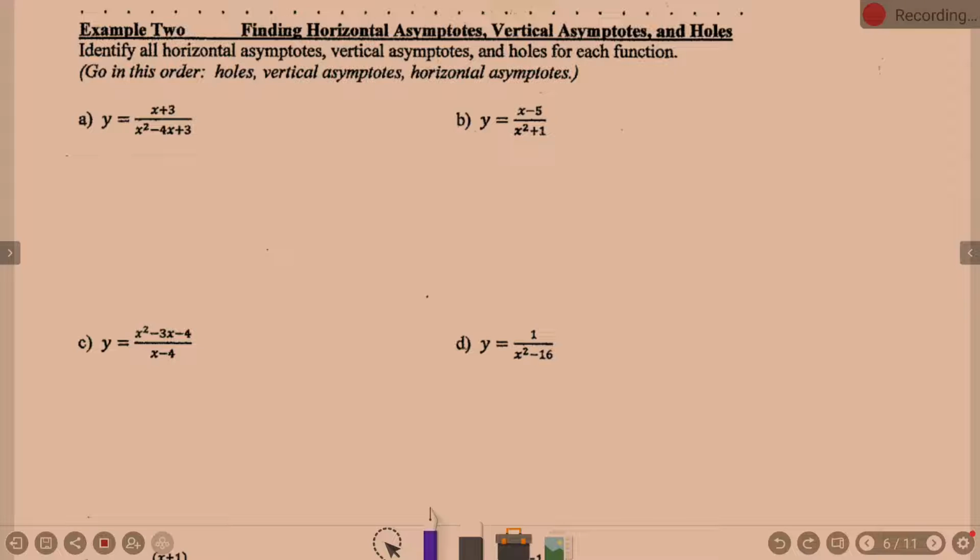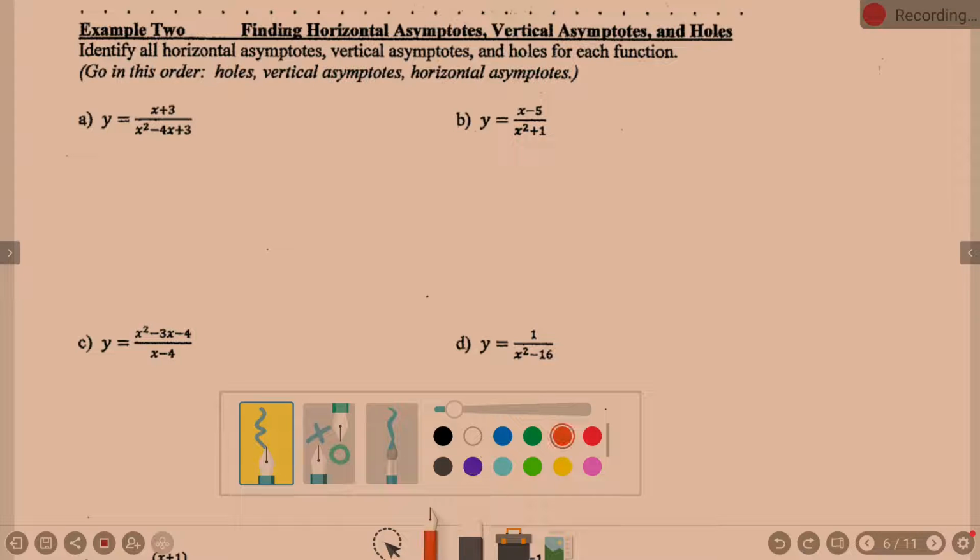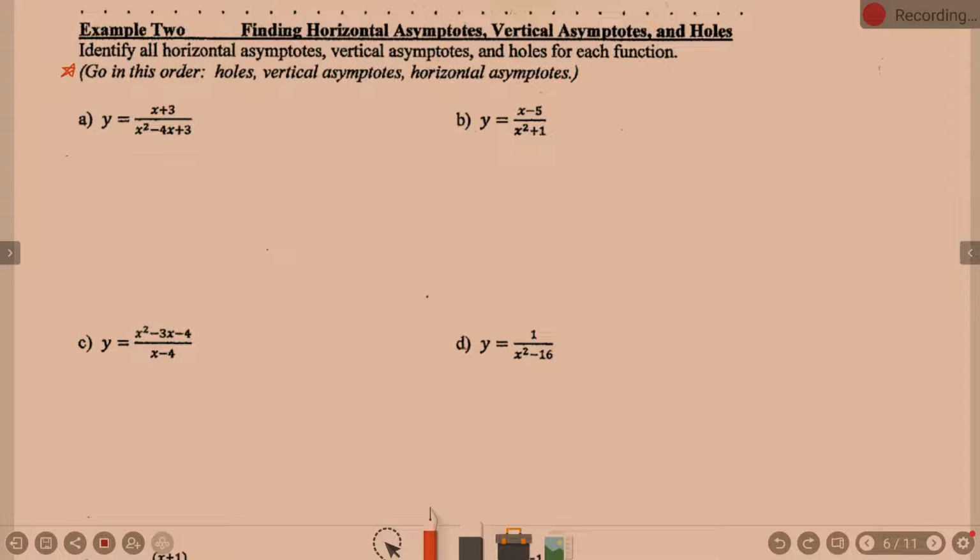Now, as we start with asymptotes and holes, notice it gives us a hint up here. And this hint is good. It suggests that we go in this order. That when we start asking ourselves questions, we start by asking ourselves if there's any holes. Then, after we decide if there's any holes, then we ask ourselves if there's any vertical asymptotes.